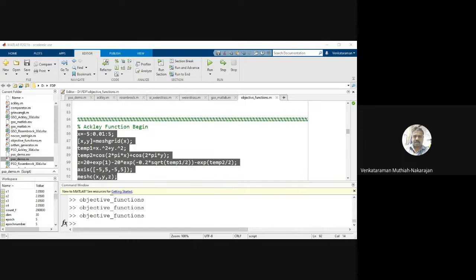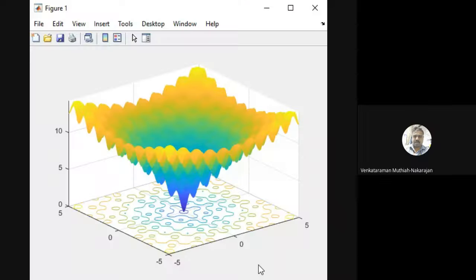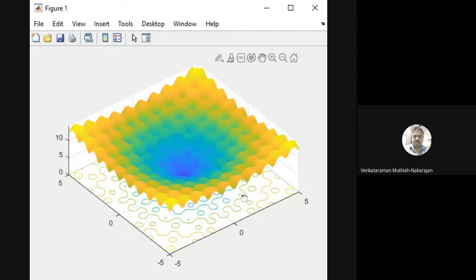That is a problem. Can you see it now? Yes, sir. Okay. As you can see in this picture, it has more than one minima. It is very evident, right?